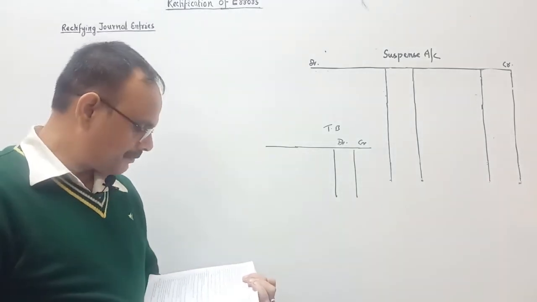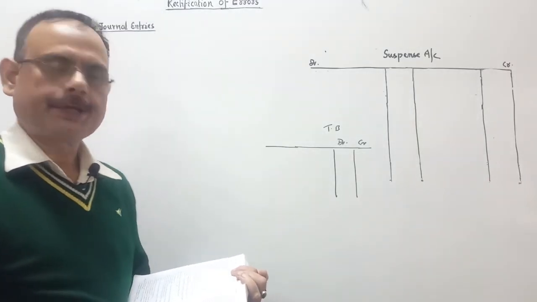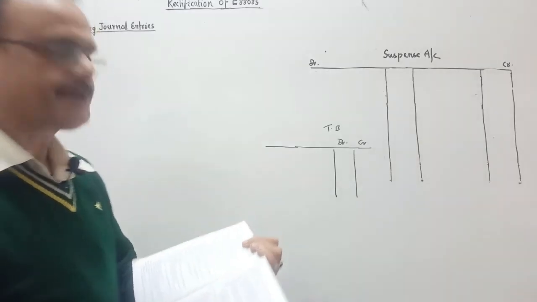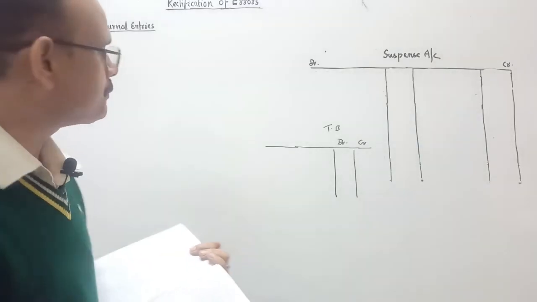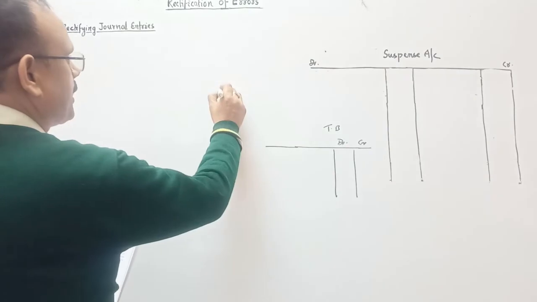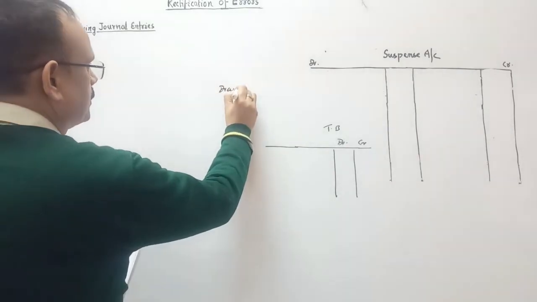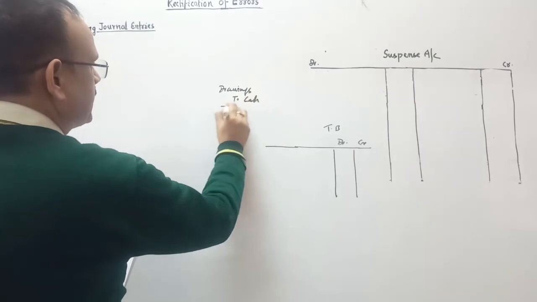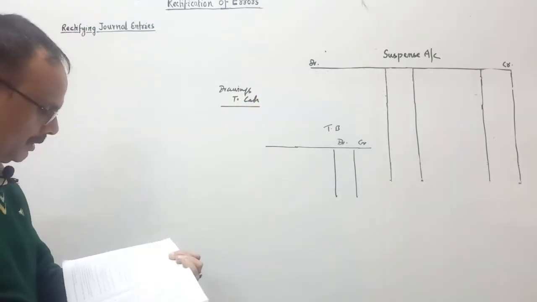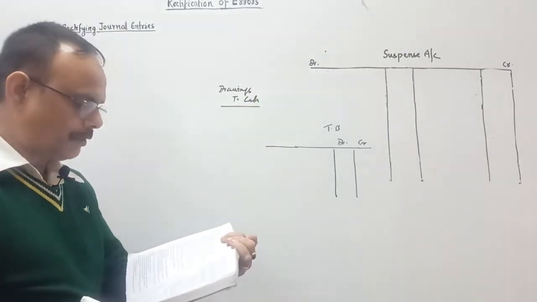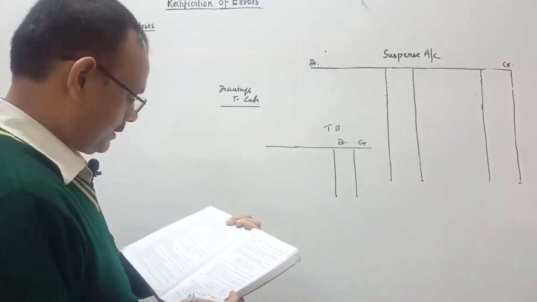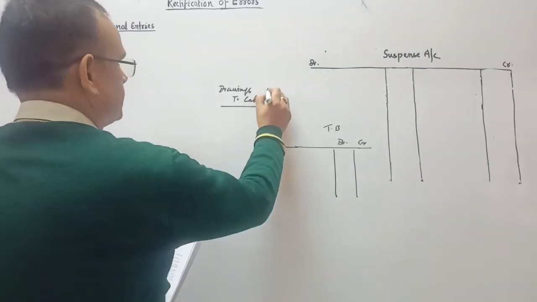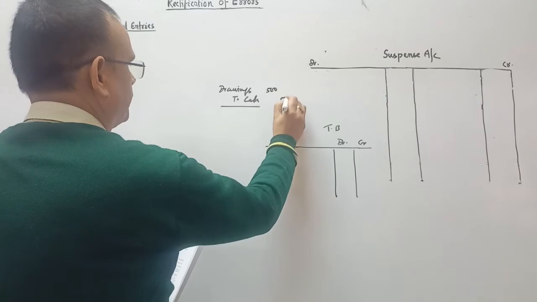When it is purchased for the proprietor, then it is drawings account debit to cash account. Radio set is purchased for the proprietor, 500. This is the right entry.